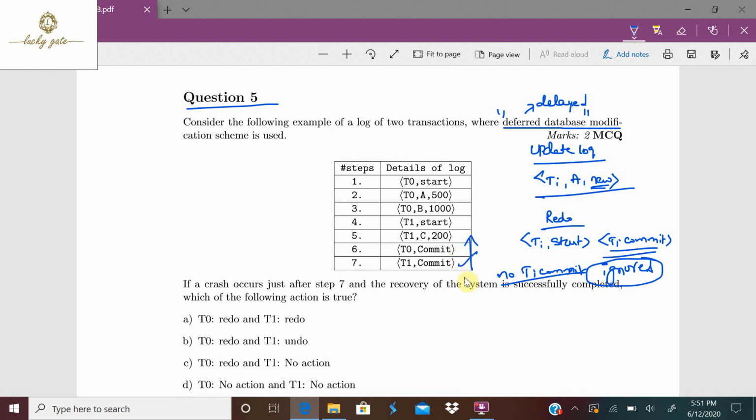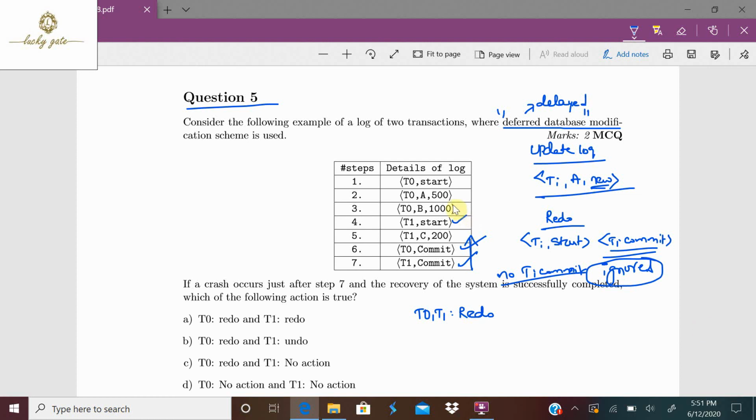Here you see T1 commit, T0 commit, so both T0 and T1 are to be redone, because the operations of T0 and T1 are committed, meaning they are completed, so undoing isn't required.